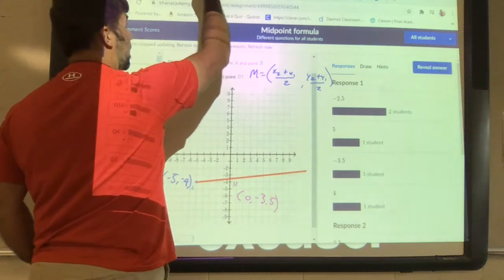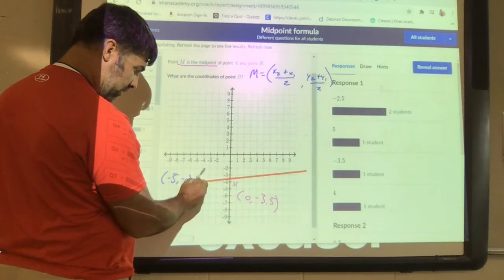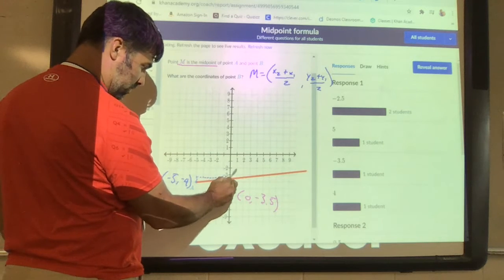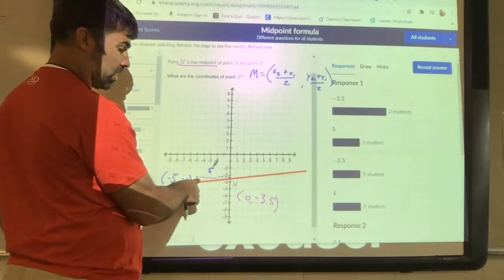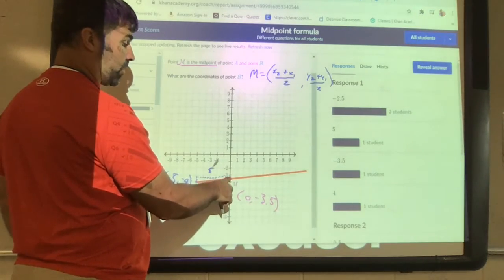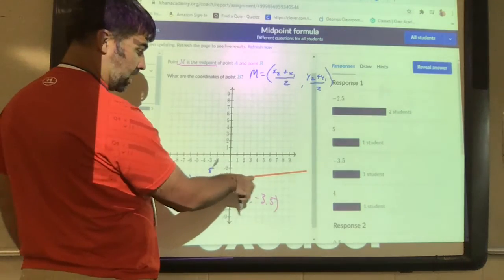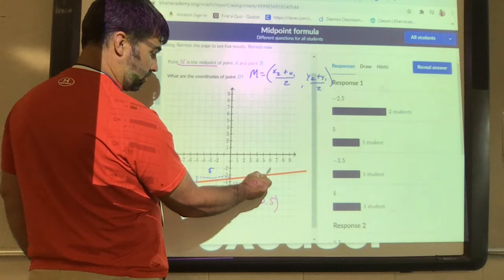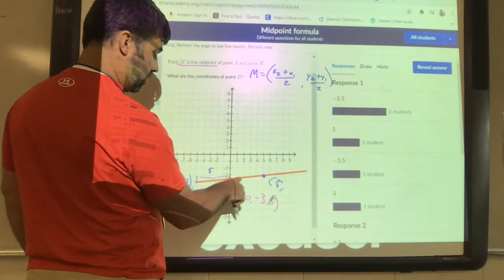So it's rise a half. Again, I'm going from here to here, that's half, and then I'm running 5. So it's up 0.5 over 5. I do the same thing to get to B. From here, I go up a half, which gets me to -3, and then over 5, which is right here on that line. And that coordinate is 5, -3.